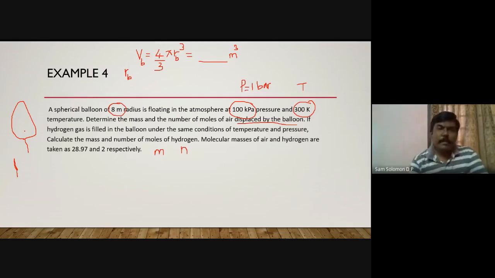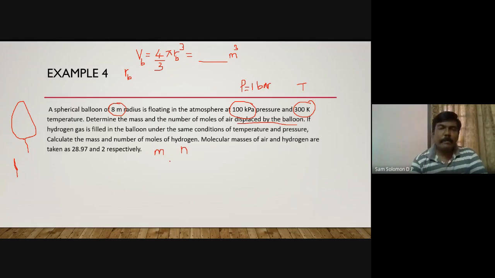So the displaced air is nothing but the volume of the air inside the balloon. How much amount of volume is increasing here, that much amount of volume will be displaced outside. So both are one and the same. You can calculate the mass of air inside the balloon, and that will be the mass of air that will be displaced by the balloon outside it. Both are one and the same.